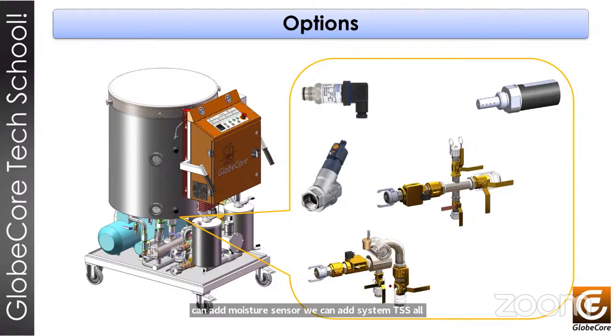All these options can be added to the machine on request. If you want a machine with these characteristics, you will call us and say, "Hey, can you help me with improving these characteristics?" And we will help you make the machine special for you.